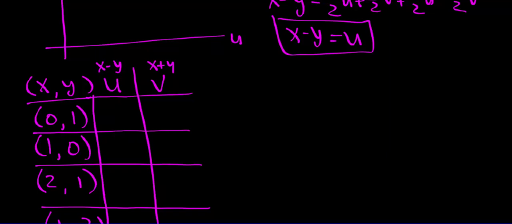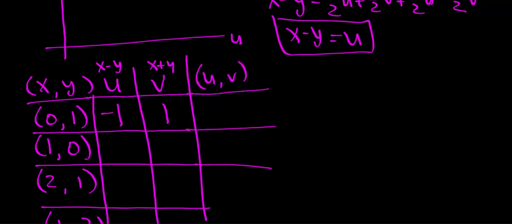So look, when x is 0 and y is 1, u is negative 1, and v would be 1. So we've got this point, negative 1, 1.